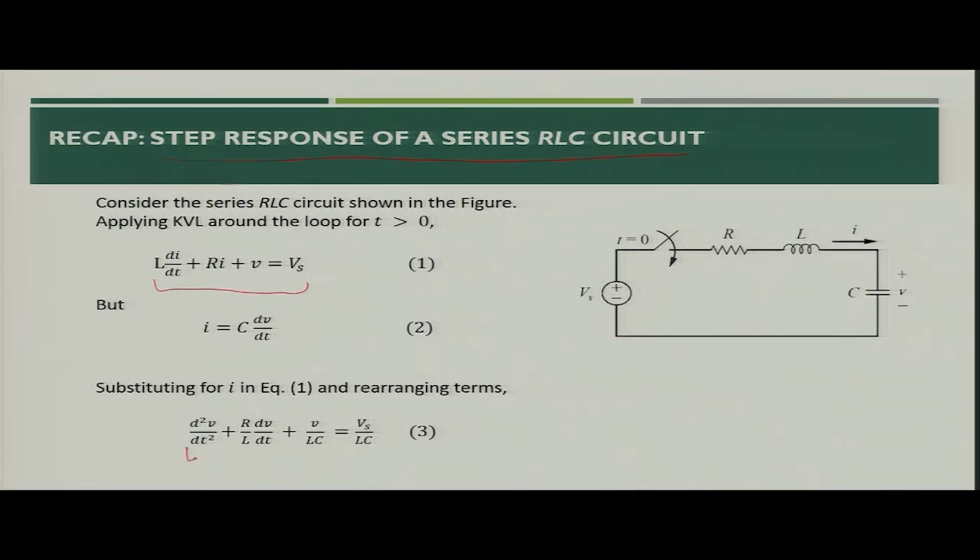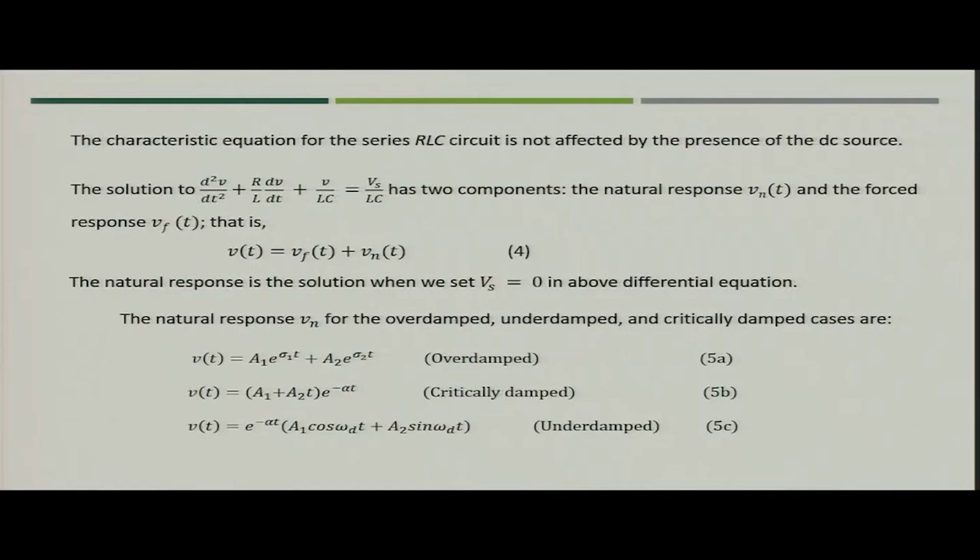Now, when we rearrange, we get a second order differential equation, and the solution of the equation which we collected based on the mesh analysis of the series RLC circuit has two components. One is the natural response and another is the forced response, and the total response is the sum of the forced response as well as the natural response.